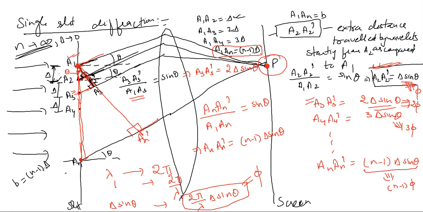Now is the time to put the upper limit of n where n tends to infinity. If n tends to infinity, then if you subtract one or add one, it would hardly make any difference. So that means I can say that B is approximately equal to n times delta here.